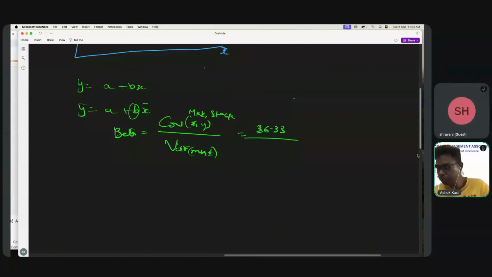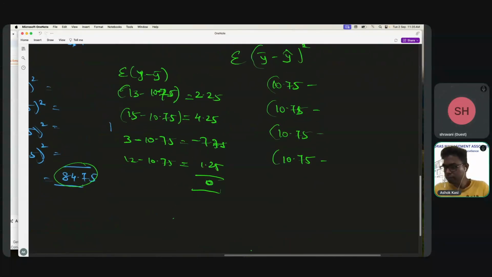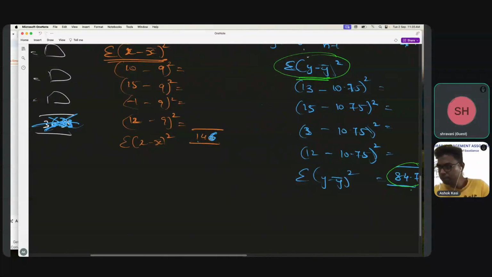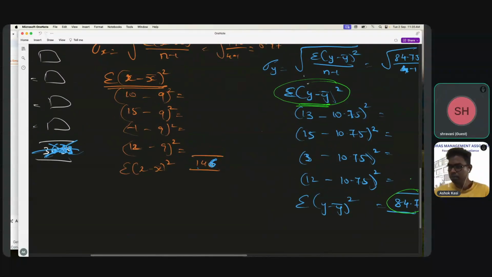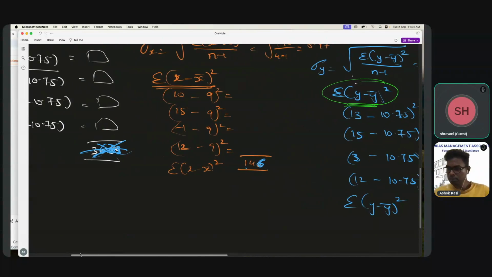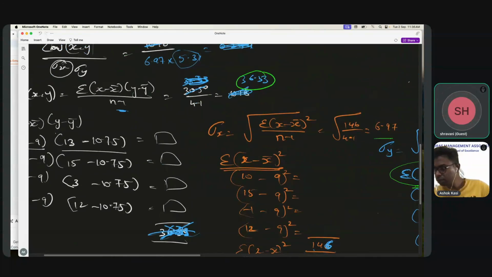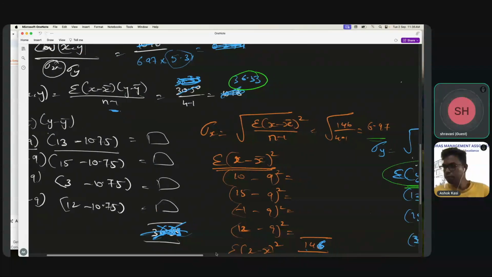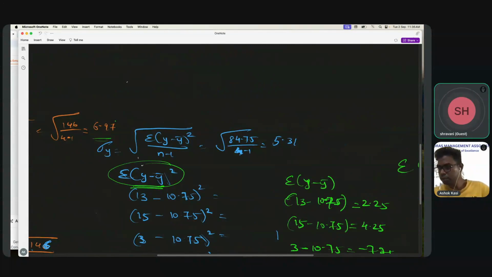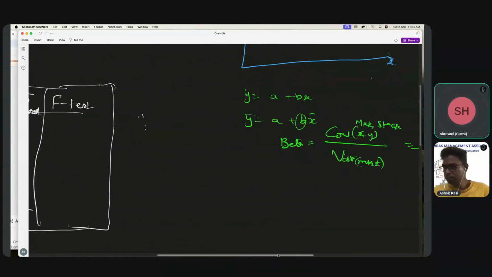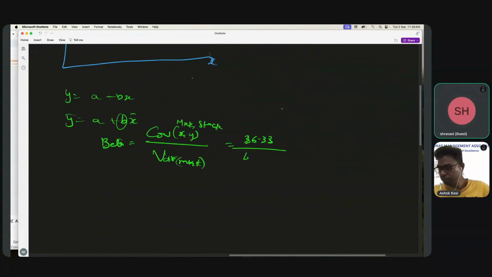That means we have to get the standard deviation of x first. The standard deviation of x is 6.97. If you square this, you will get the variance: 48.5.